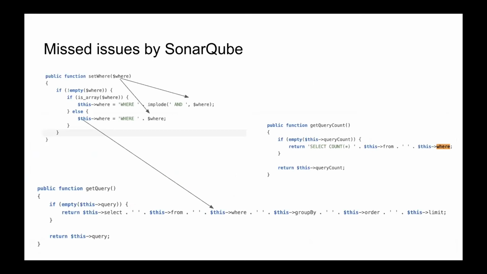But not all security problems were found using SonarQube. For example, we found that it is possible to make SQL injection using these parts of code. You can see that in the set where function, data is not checked and is just put into the query to the database, and then it can be used.